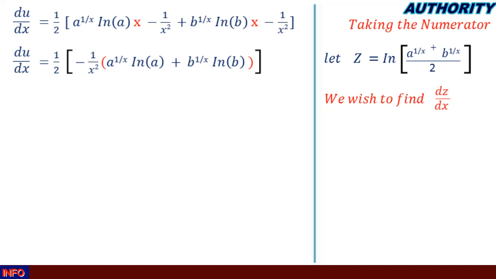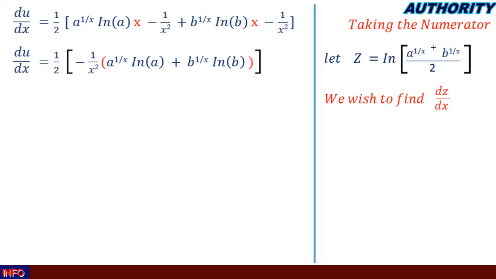You see that what we just did now is actually the derivative of the first part of z. We wanted to differentiate z, and we say that z is equal to ln of (a raised to the power of 1 all over x plus b raised to the power of 1 all over x) all over 2.